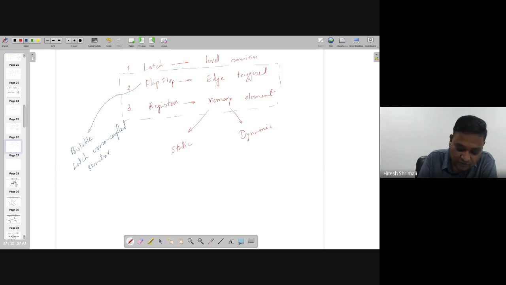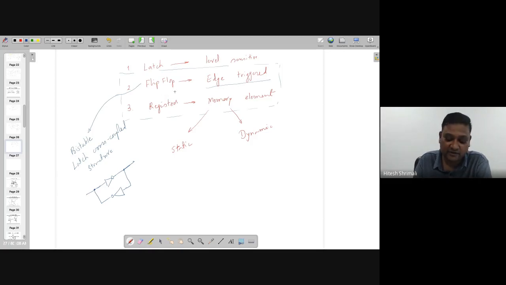If you are using this structure, which is of course a latch, then it's a flip-flop. Note that it has to be edge triggered. All bistable latch cross-coupled structures are not flip-flops. They have to be edge triggered or running with the clock. It has to be there. Otherwise, it will be a latch only.